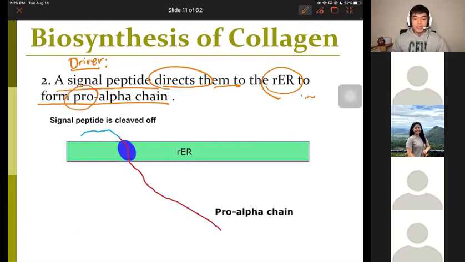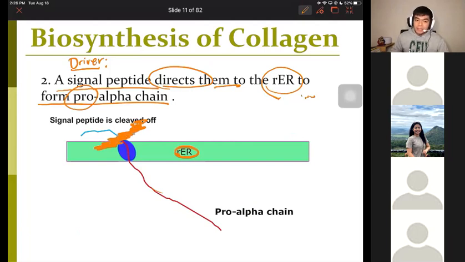How does that happen? For instance, the totality is the pre-pro-alpha chain, right? Yung total structure. Ngayon, pagpasok ng polypeptide sa rough ER, makikleave, matatanggal, mapuputol ang signal peptide.